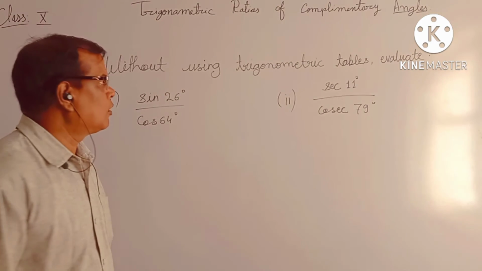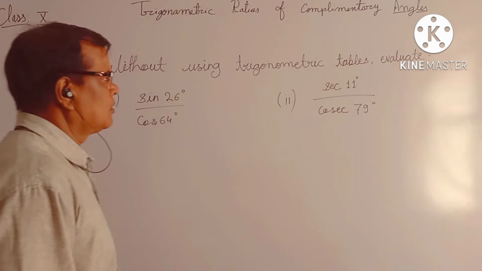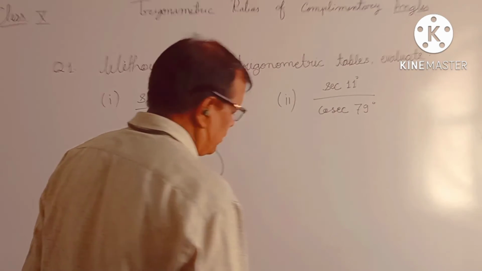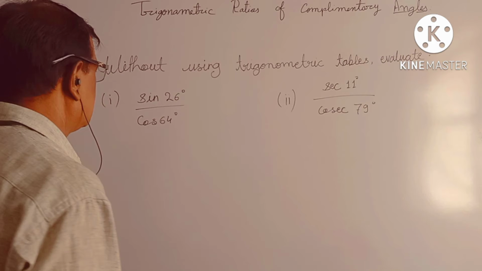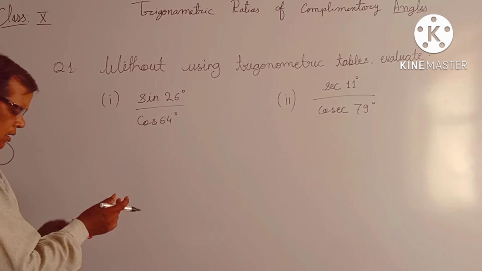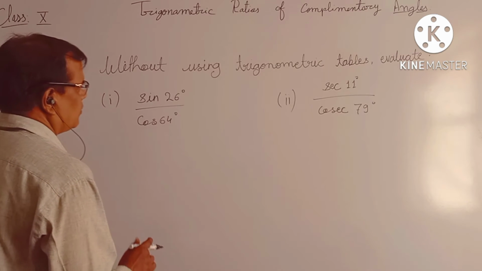Now we are going to solve question number one. Without using the trigonometric ratios table, evaluate these. Evaluate means find the value of these. So first we use the complementary angle rules as we have studied just before.